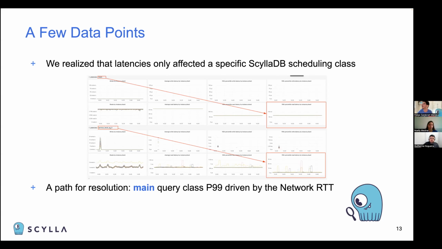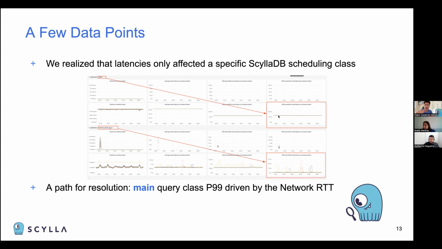What we can see in this slide, and I don't know if it's good for you guys to read, but don't worry, I'm going to explain it to you. What we can see is that the main class, the first one here, which is highlighted, which is used by ScyllaDB internal queries, was the main contributor to the perceived high latency, which is constantly above 50 milliseconds.